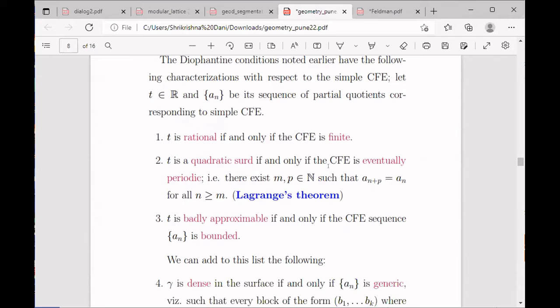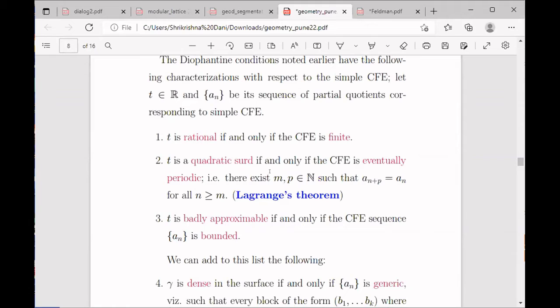Now t turns out to be quadratic if and only if the continued fraction expansion is eventually periodic. What this means is that if you agree to ignore some part of the sequence, say up to m, then for the rest of them there's a certain periodicity. This is a very classical result, Lagrange's theorem, which gives you this dichotomy.